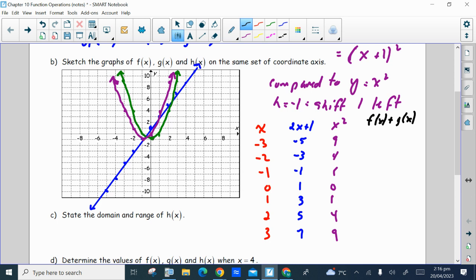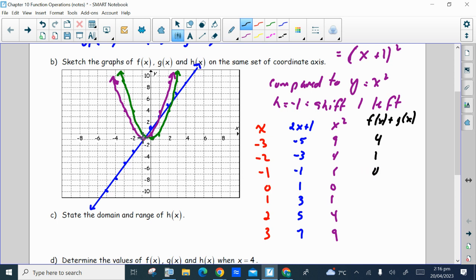So if we take the point where x is -3, the value of y is 4. If we take the point where x is -2, the value of y is 1. If we take the point where x is -1, y is 0.